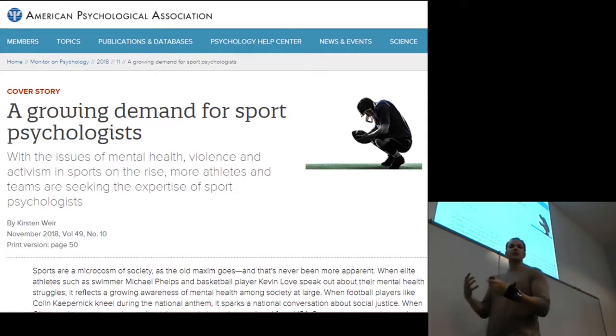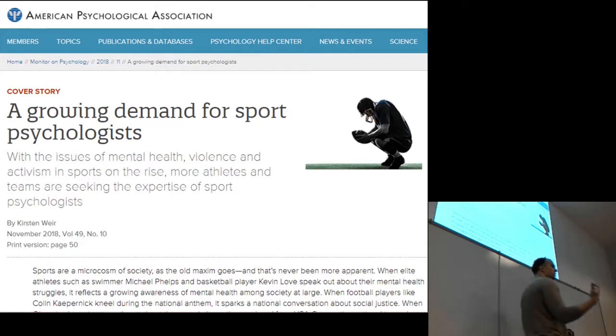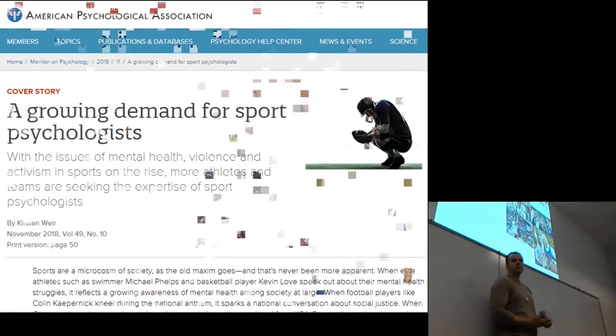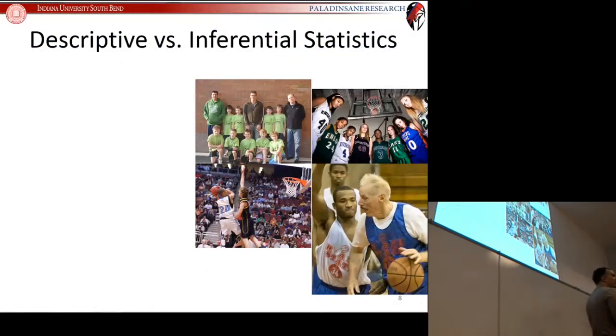So let's say that you go into sports psychology and you start studying the effects of getting involved in competitive sports, specifically the effects of playing basketball. What are the benefits of competing in organized competitive sports?